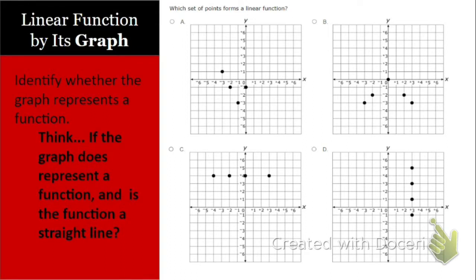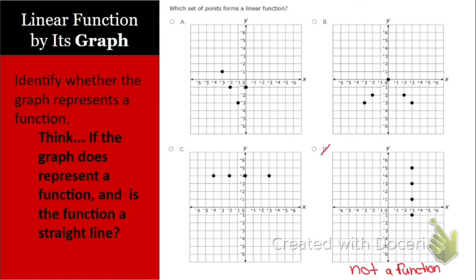Answer choice A is a function. It would pass the vertical line test. Answer choice B is a function. Answer choice C is also a function, but if we look at answer choice D, that is not a function. Because it's not a function, we can go ahead and eliminate this answer choice. So that's already off the table.